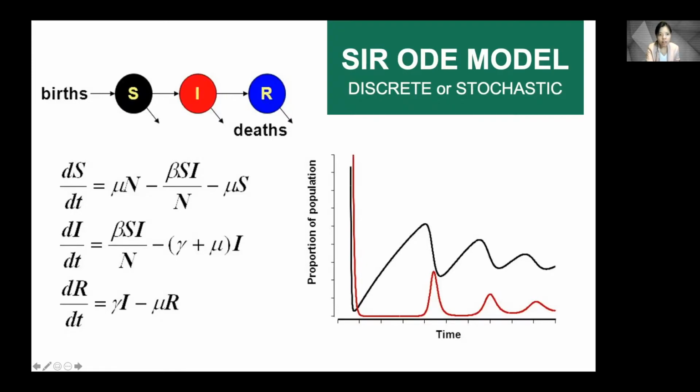And after solving this system of ordinary differential equations, after we integrate all of this, we can generate the plots shown here on the right. The black curve represents the susceptible population, and the red curve represents the infected population.